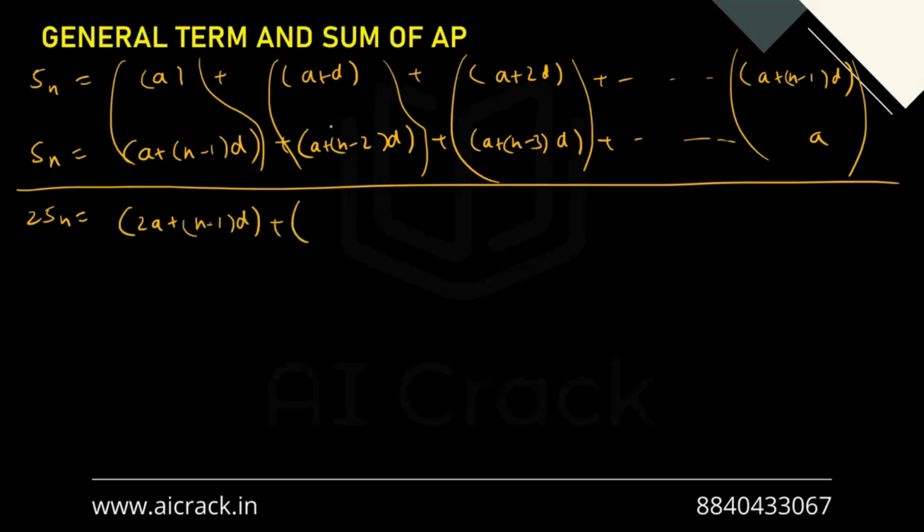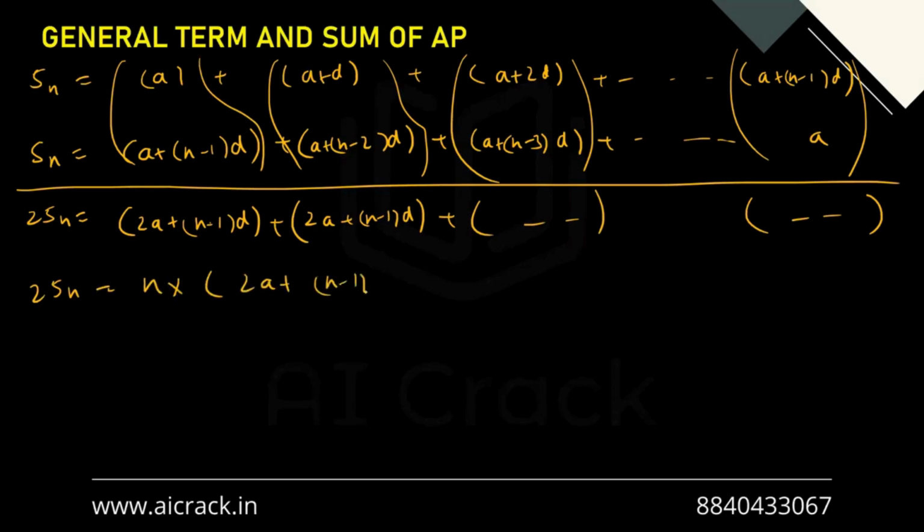Then this becomes 2A, this is (n minus 2)D plus D, which becomes (n minus 1)D. Similarly, all terms become 2A plus (n minus 1)D. Basically, we have n terms which are the same, 2A plus (n minus 1)D, right? So we've got 2Sn equals n times (2A plus (n minus 1)D). So Sn becomes n by 2 times (2A plus (n minus 1)D).